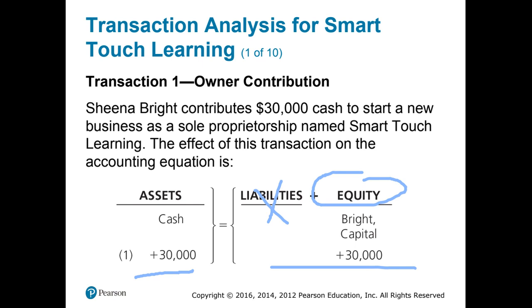Since we added $30,000 cash, we're going to add $30,000 equity so that they both balance. But also, this has a normal credit balance. This is the debit side of our equation, and this is the credit side of our equation.